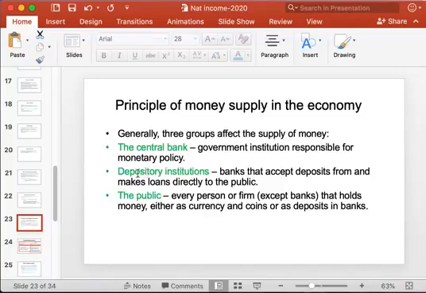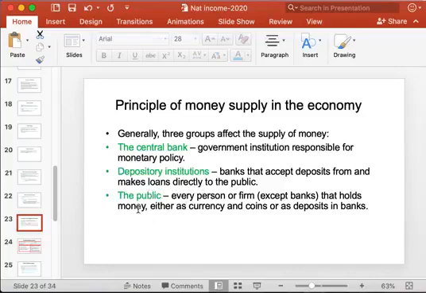Another group that affects the supply of money is the depository institutions like the banks, insurance companies, etc. So depository institutions like the banks accept deposits from the public and make loans to the public.